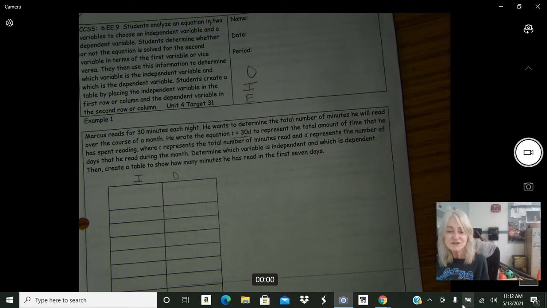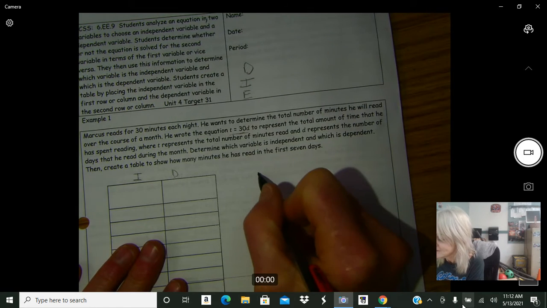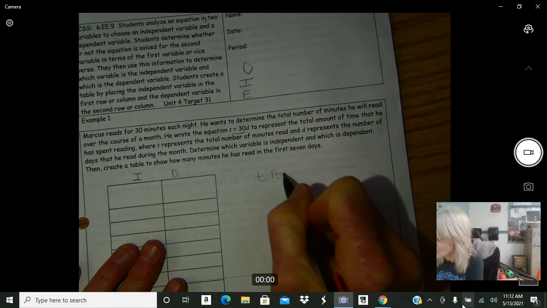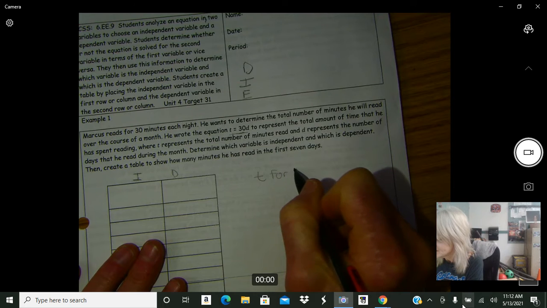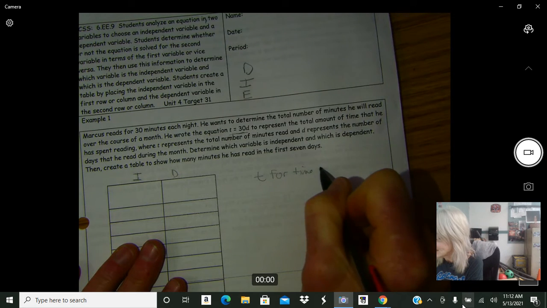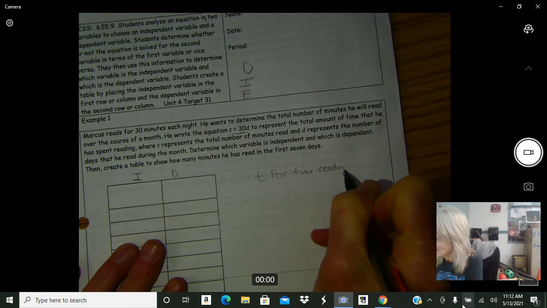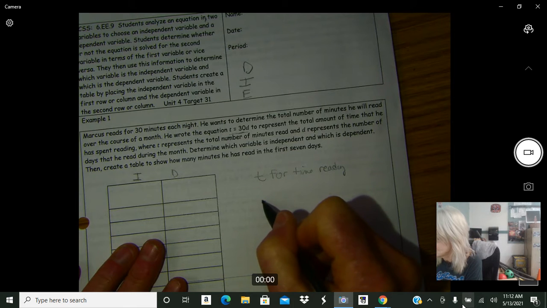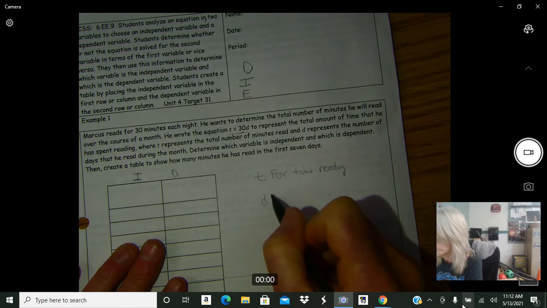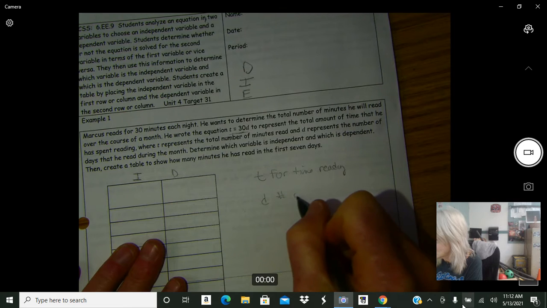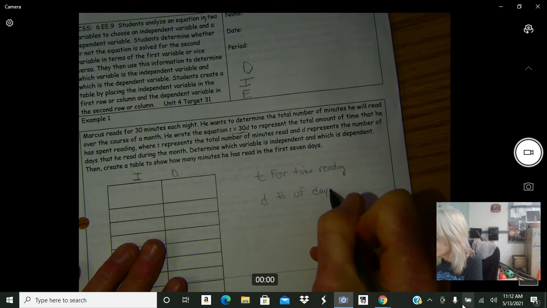So we have two variables. We have T for time reading, and we have D for number of days.